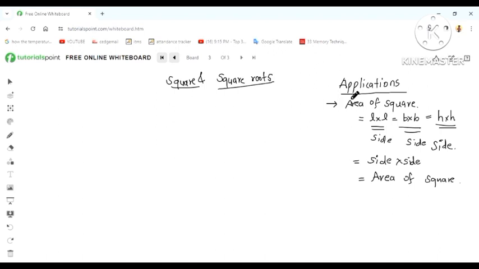Here you can observe one pattern: these two sides are the same, these two lengths are the same, these two breadths are the same, and height is also the same. Let me take a number here.